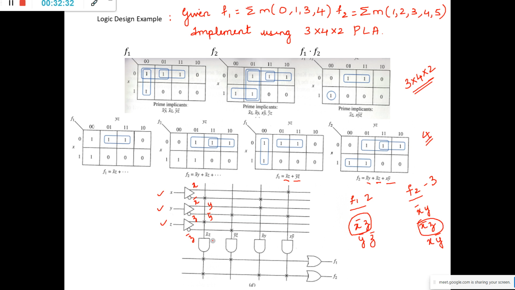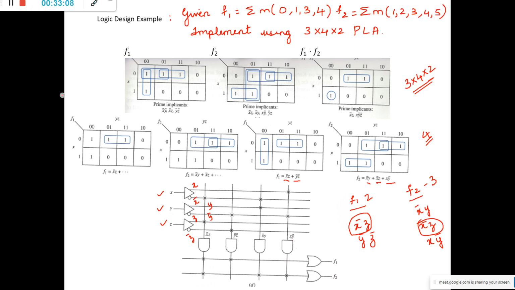We have X bar Z which is present in F1 also, F2 also, so we have put a cross mark here. Next, Y bar Z bar is present only in F1, so we have put a cross mark here. Next, X bar Y is present only in F2, so we have put a cross mark. Next we have the X Y bar product term which is present in F2, so we have put a cross mark here, F2.